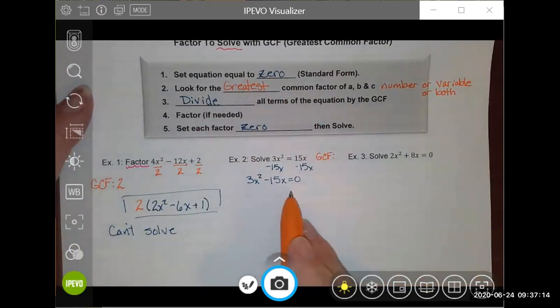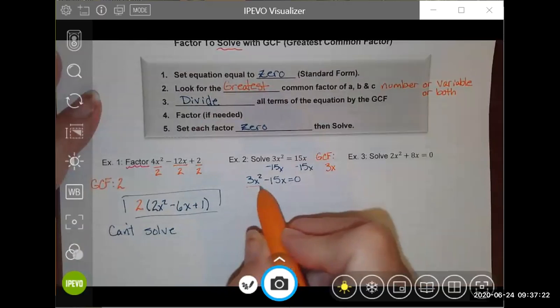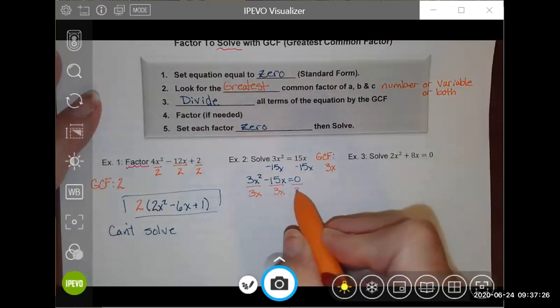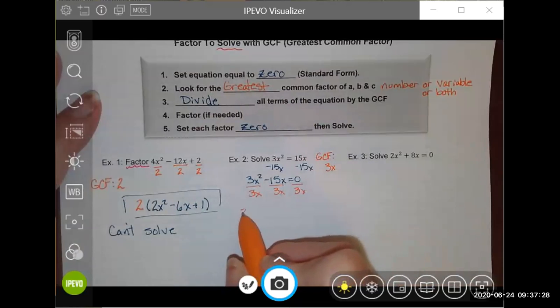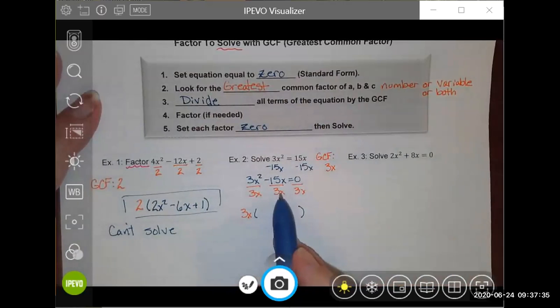In this, I notice both of them have x's. So x, the variable x, will be part of my GCF, and they're both divisible by 3. So I'm going to divide all parts of my equation by 3x, remembering that 3x is one of my factors. The other factor is what remains inside the parentheses after I do that division.